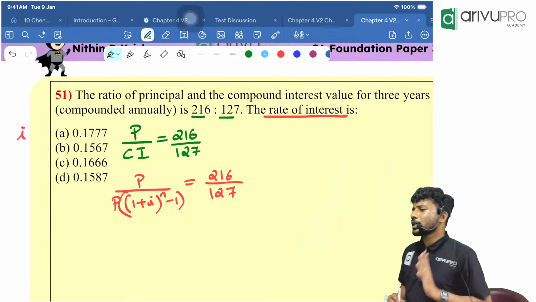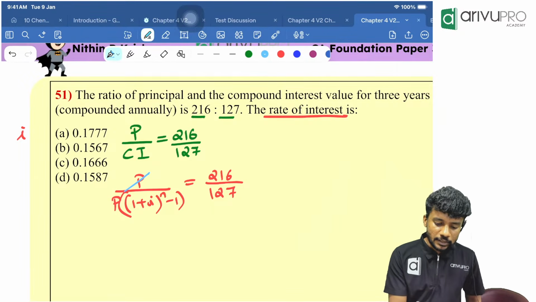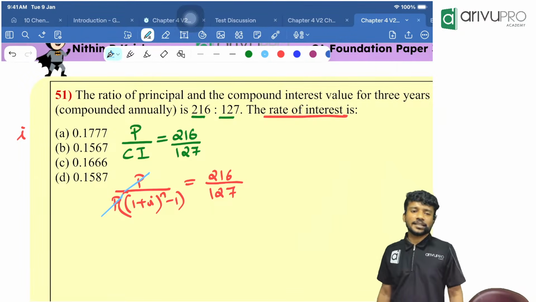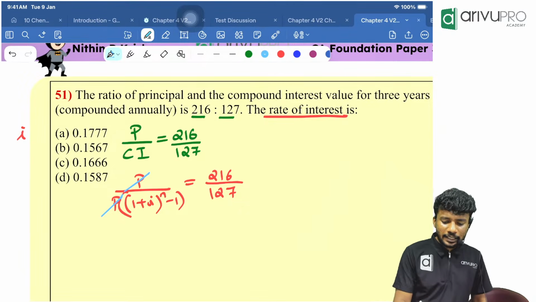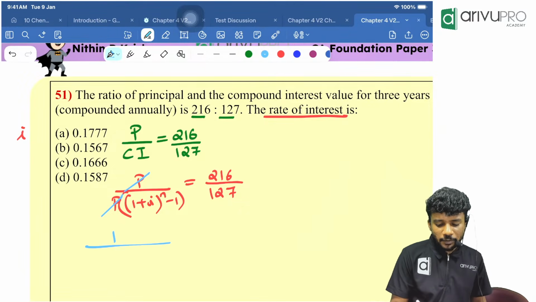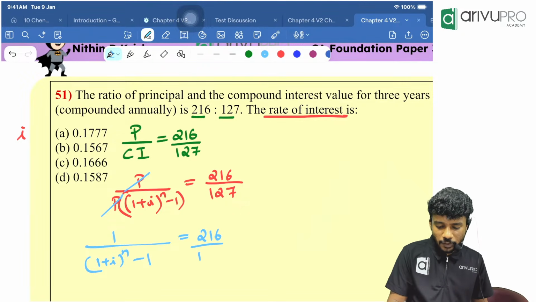P is there in the numerator, P is there in the denominator, so it cancels. So 1 divided by 1 plus I, the whole power n minus 1, is equal to 216 divided by 127.